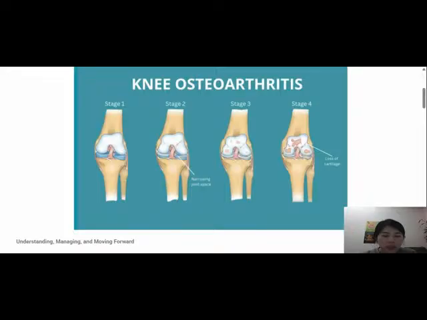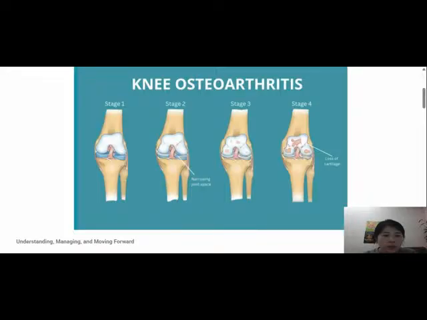Herbal medication is very natural, and a lot of herbs can help to reduce the pain, promote blood flow and reduce the blood stasis. A lot of people, especially in China, in the hospital, a lot of doctors prescribe herbal medication for osteoarthritis patients as well.